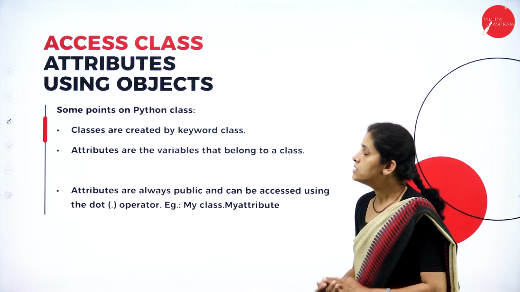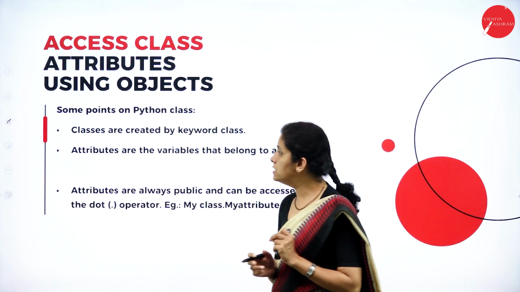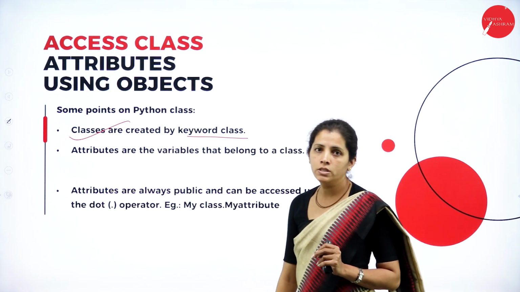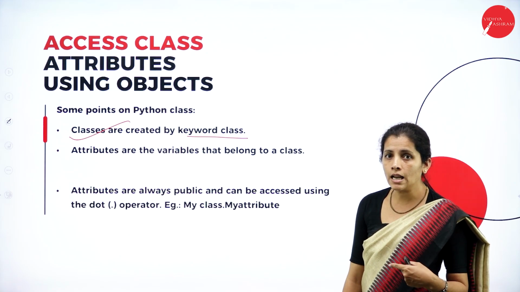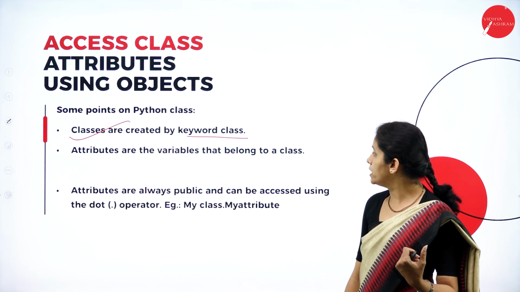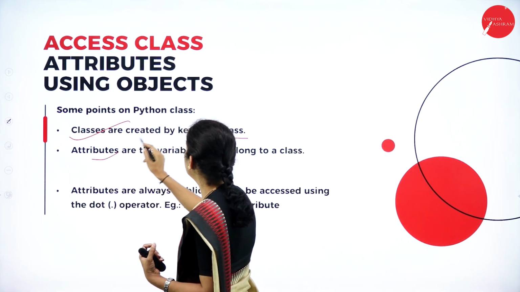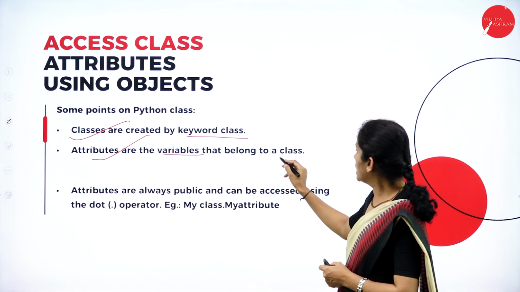Okay, fine. Some of the important points you have to remember here: a class can be created by using the class keyword. So if I want to create a class, I need to include the class keyword. Attributes are the variables that belong to the class.